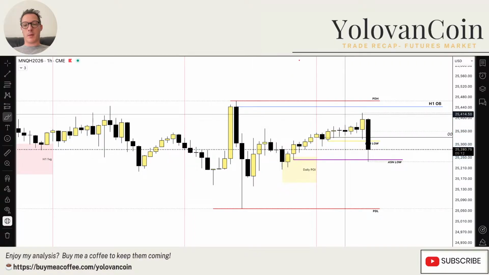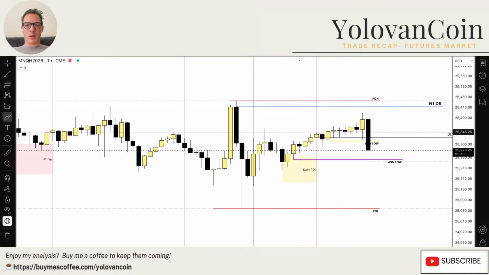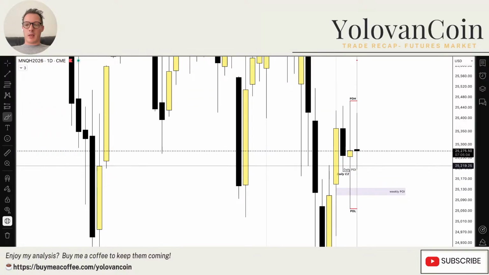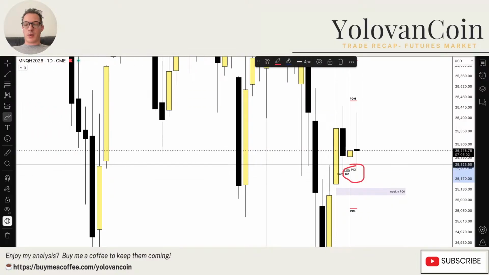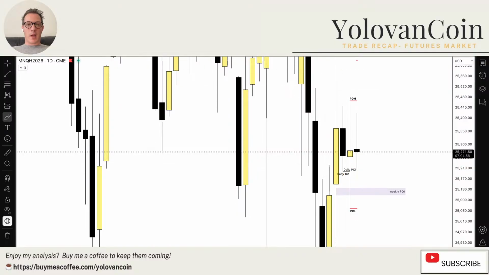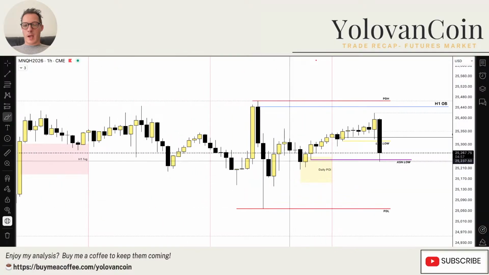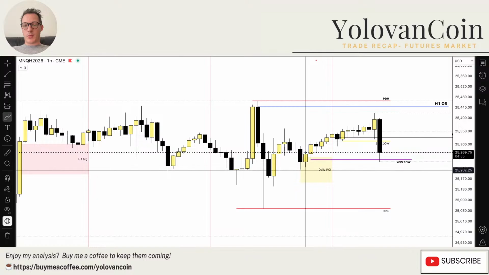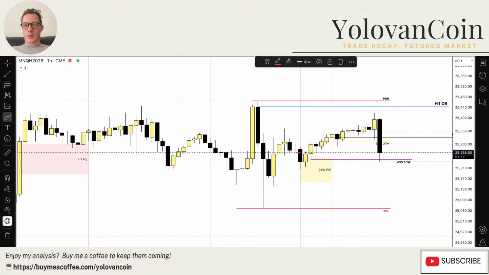Of course, there are many different versions of the fractal model. For me, I want to see a 1 hour sync formation inside the daily POI. Let's see if we have any C2. We had a real closure, no C2.